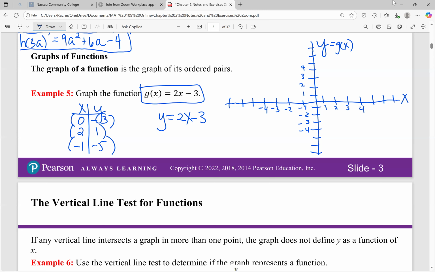So let's plot. We have 0 and then down to negative 3. I have 2, 1, so over 2, up 1. And then I have negative 1 down to negative 5. So that point's going to be right here. And now we could see our line function. And again, it's a little not to scale. Let me do that over.